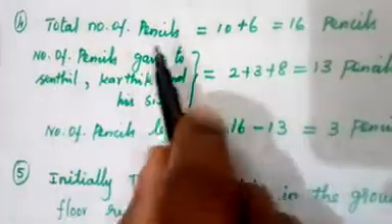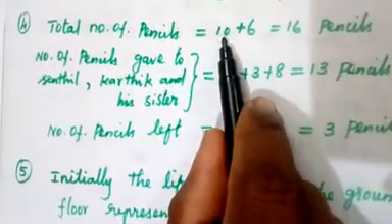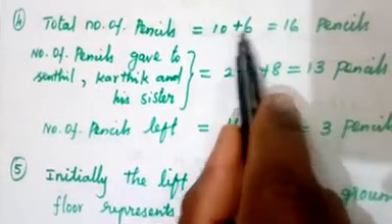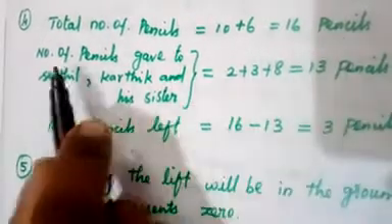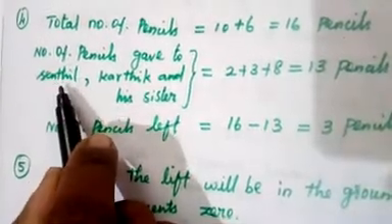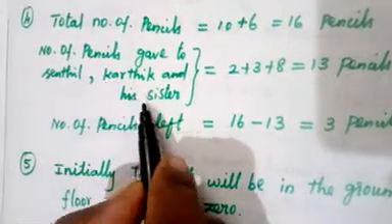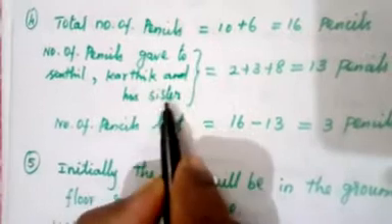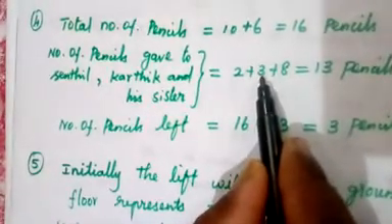First we have to find the total number of pencils. First day he had 10 pencils. The next day father gave 6 more pencils. So total number of pencils is 10 plus 6, 16 pencils. He gave pencils to Sendil, Karthik and his sister: 2 pencils to Sendil, 3 to Karthik, 8 to his sister.